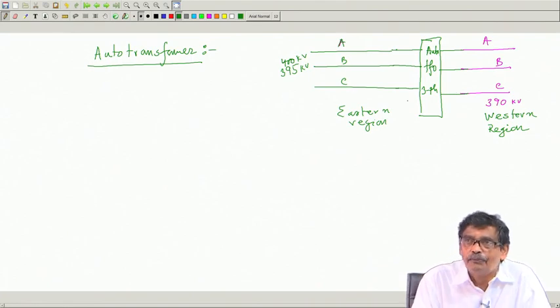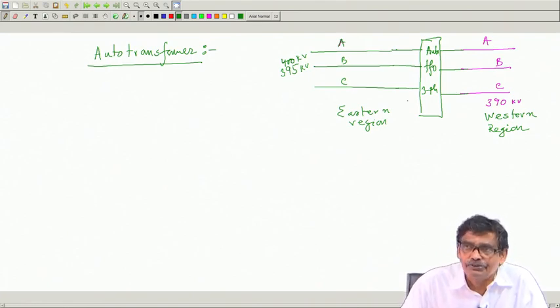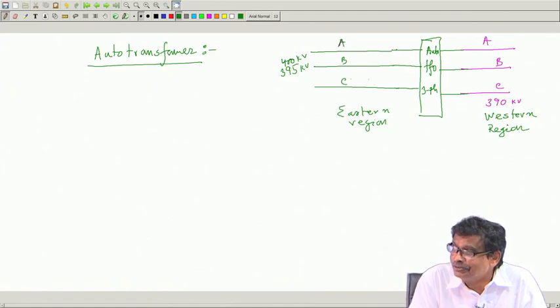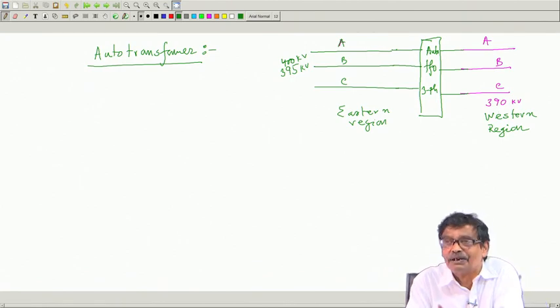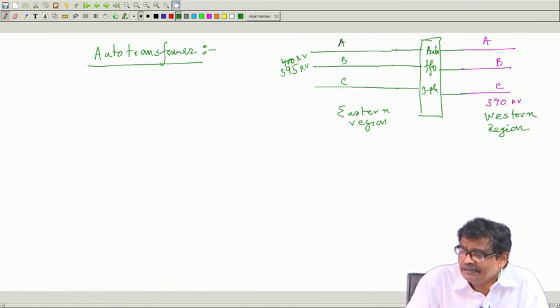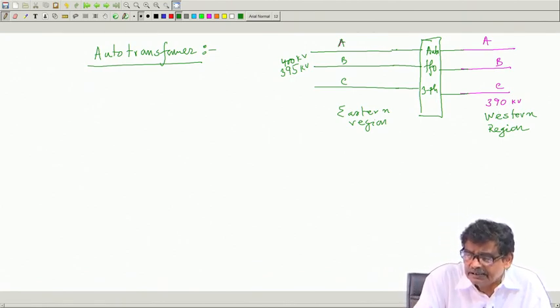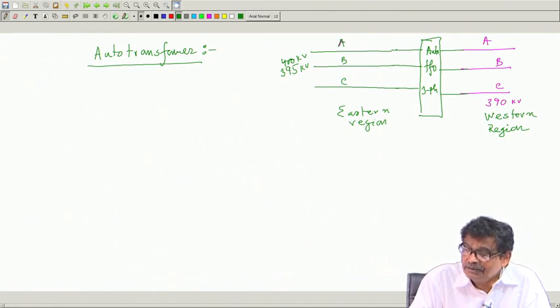A 2 winding transformer can also be used to parallel them, but I will not do that. Why? Because I see that the ratio of the voltage is so small, 395 to 390 kV I have to connect. This side is 395, this side 395 kV.